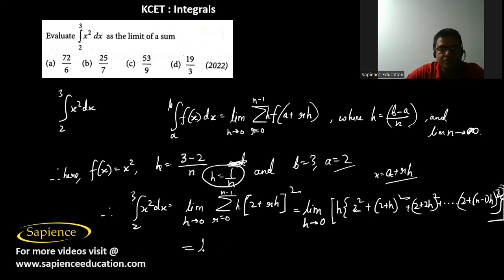So how to add it? This will be limit h tends to 0, this is h into, here 2 square will be added, using a square plus b square plus 2ab.